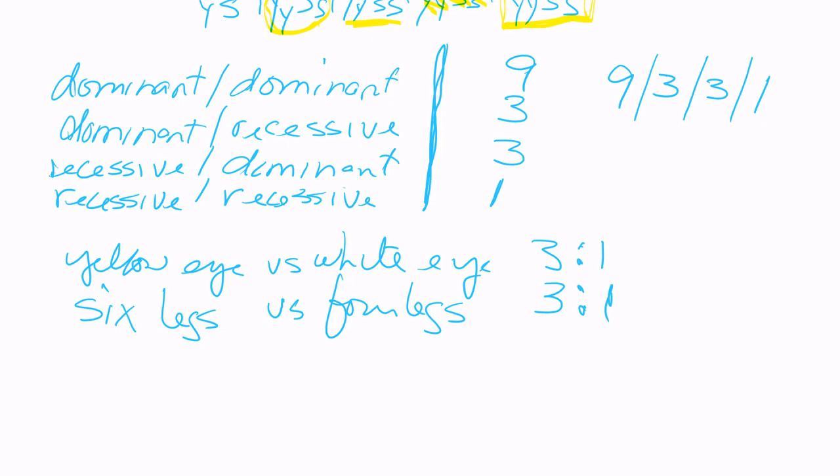If we multiply 3 times 3, we get 9. 3 times 1 is 3. 3 times 1 is 3. And 1 times 1 is 1. So we've sort of verified that same ratio in 2 places. Remember, these ratios are predicted ratios, and we might in a future video look into the difference between the predicted and the actual ratios.